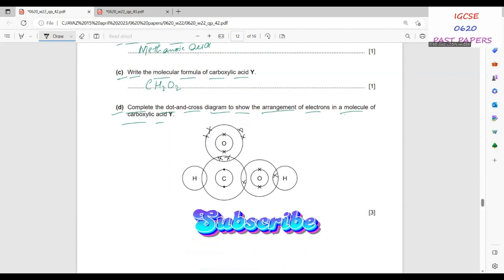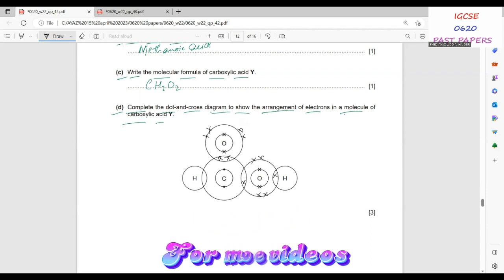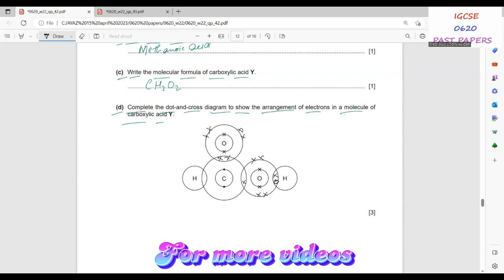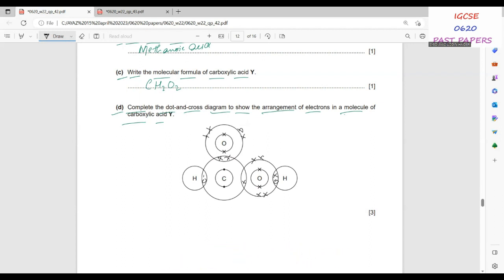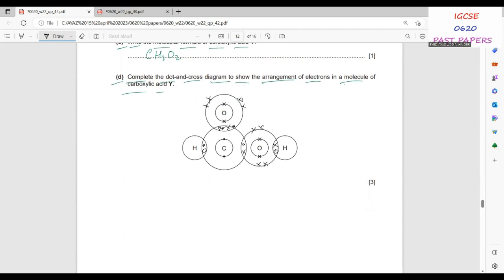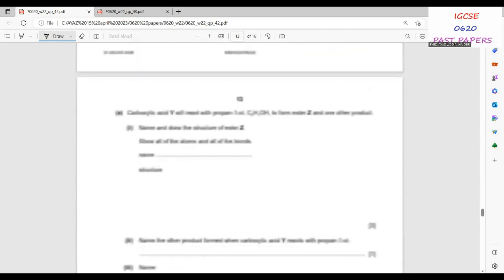Now it's left with 4 electrons. For each hydrogen atom, I am showing their valence electrons, which is 1. The carbon atom must have 4 valence electrons. This will be the final dot and cross diagram.